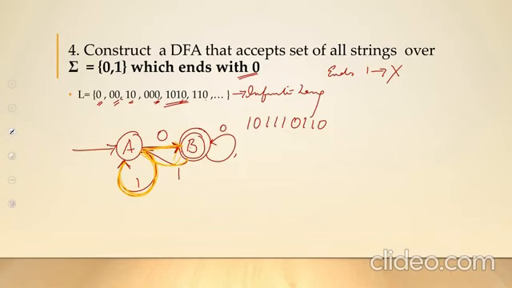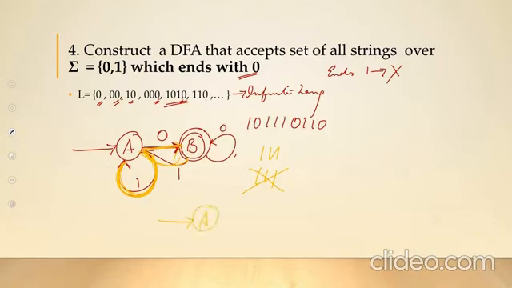Let's think of something like 1, 1, 1. Now I am again at A, which means that I don't reach my final state. So this is invalid. If you take any long string which ends in a 1, it will not be satisfied. So I'll just redraw it much better.